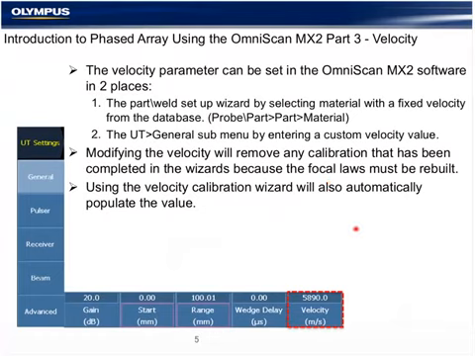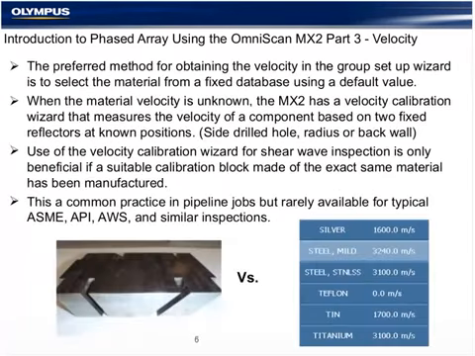The preferred method of obtaining the velocity in a group setup wizard is to select the material from a fixed database using the default value. In other words, the overall most accurate way of obtaining your angle is normally achieved by selecting the velocity directly from the database.